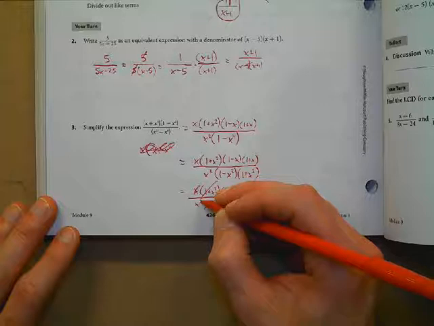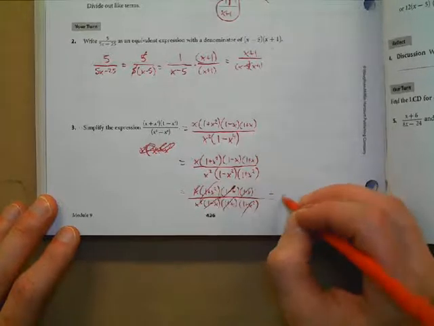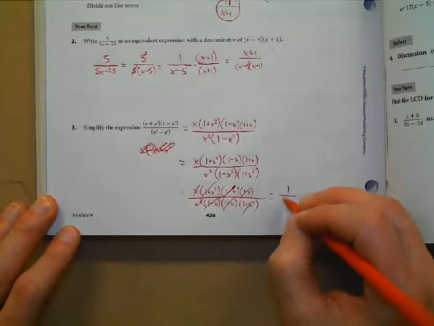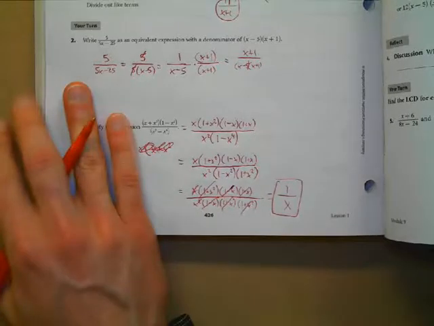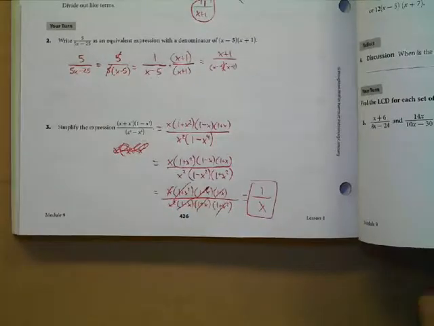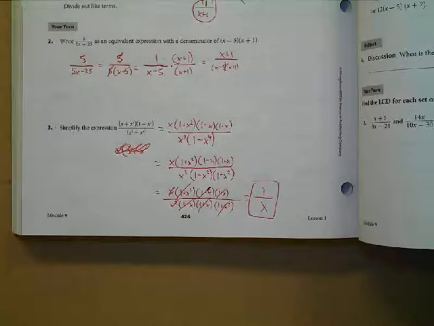Just an x. And so this whole thing simplifies to just 1 over x. Wow, all that canceled out and we're just left with 1 over x. It's pretty satisfying, getting all that mess to cancel out so much.